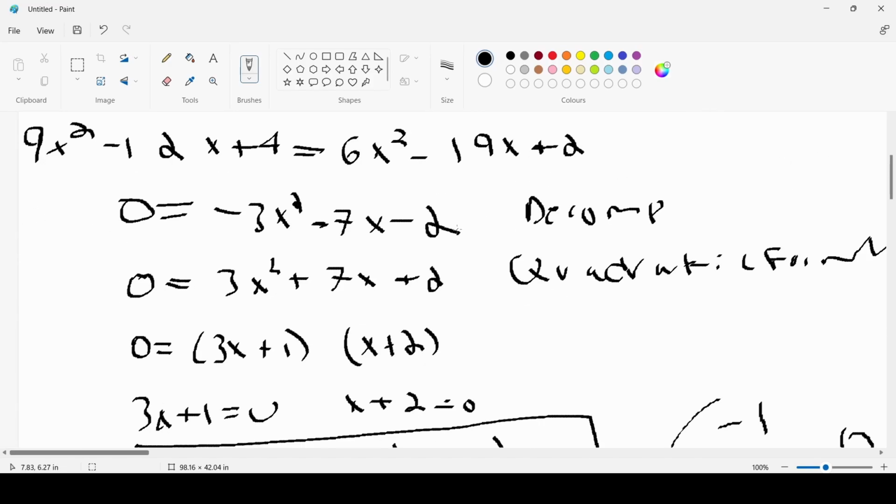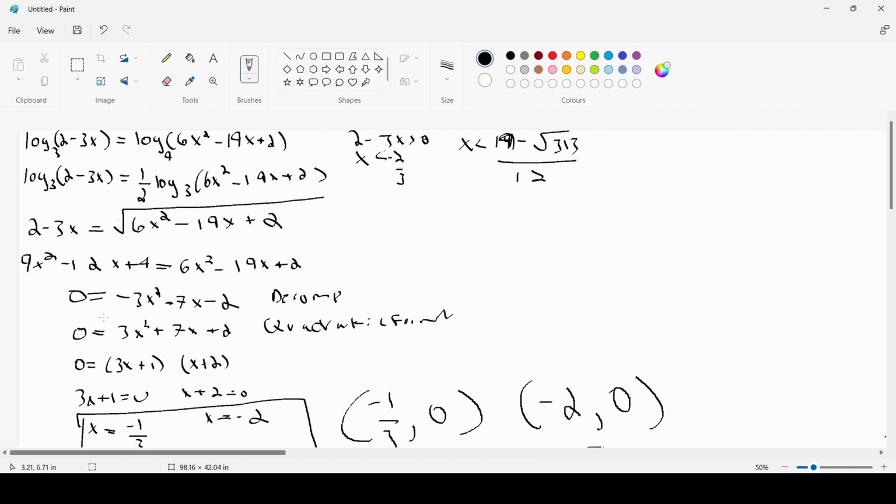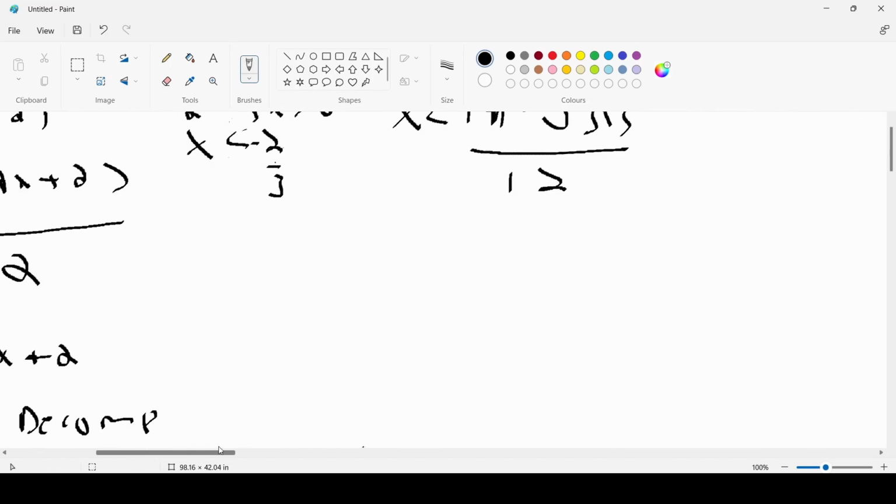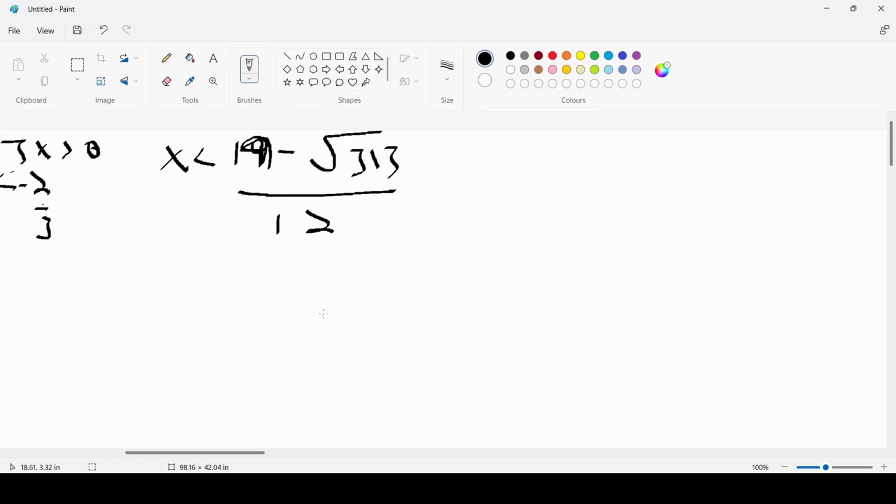So remember, decomposition for factoring and the quadratic formula. Remember this new identity.